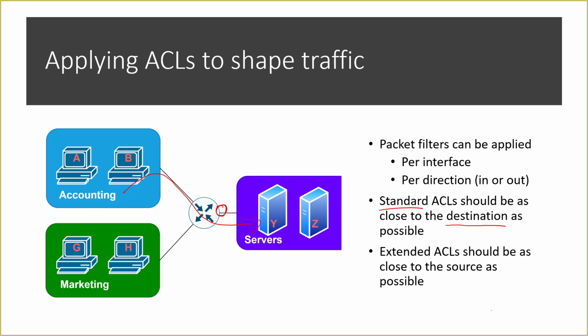However, when we're talking about extended access lists, it should be as close to the source as possible, which means I would want to keep that as close to the accounting side as possible. As a general rule of thumb, this is not always the truth. However, it is a general introductory suggestion.